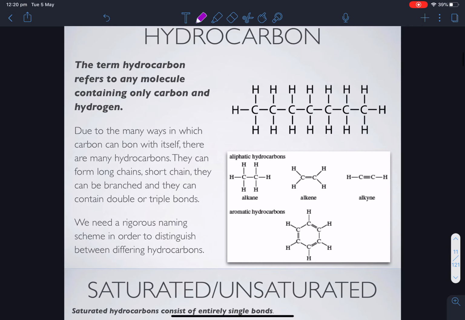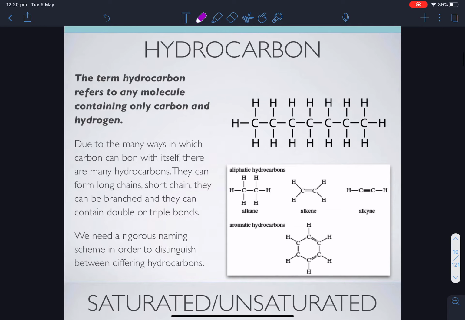I'm going to talk a little bit more, a little bit longer. So a hydrocarbon, when we're using that term, refers to any molecule that only contains carbon and hydrogen in any combination, but it just has carbon and hydrogen. That can happen in so many different ways because of the versatility in the bonding between carbon and itself and hydrogen.